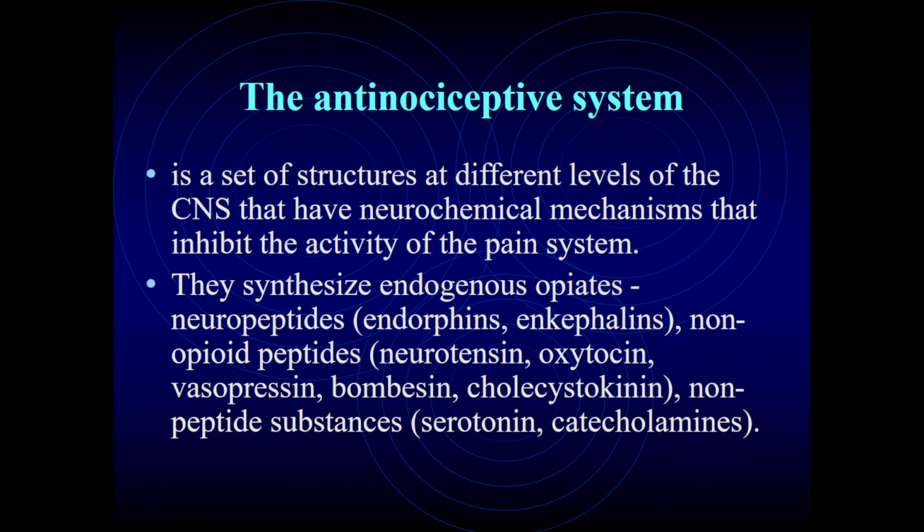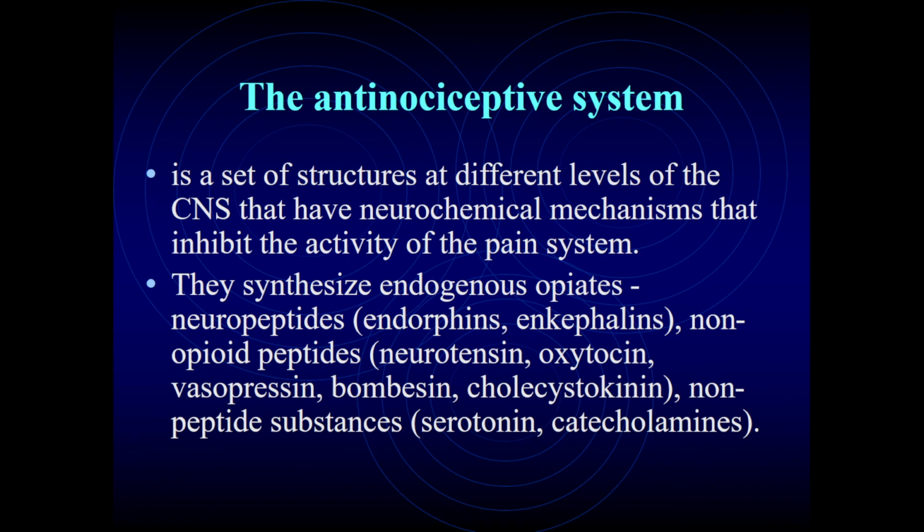Also the periaqueductal gray matter, the raphe nuclei, the locus coeruleus, the caudate nucleus, the hypothalamus, the limbic system, and also orbital and frontal areas of the cerebral cortex.